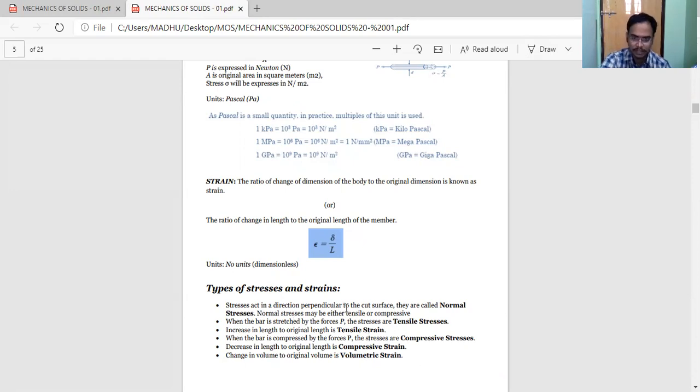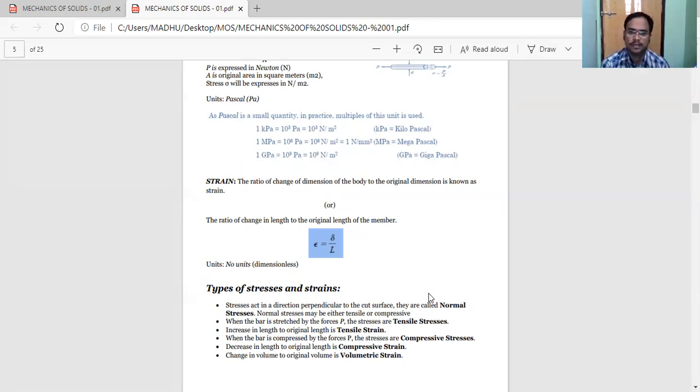Here, we speak only with respect to the normal stresses. The normal stresses may be tensile stresses or compressive stresses. So what is a tensile stress?